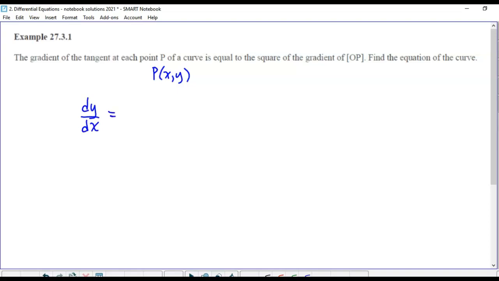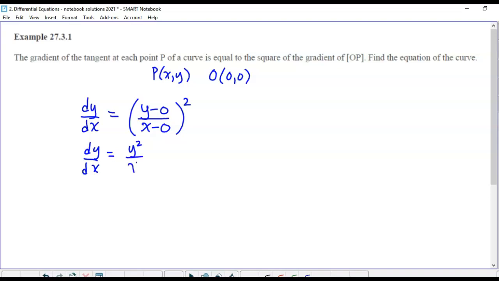It's equal to the square of the slope of OP. Okay, so O is (0, 0). So the slope of OP is y2 minus y1 over x2 minus x1. So really dy dx equals y squared over x squared.